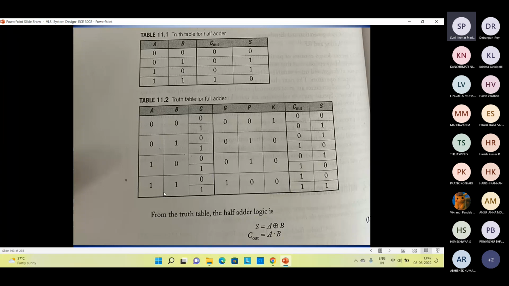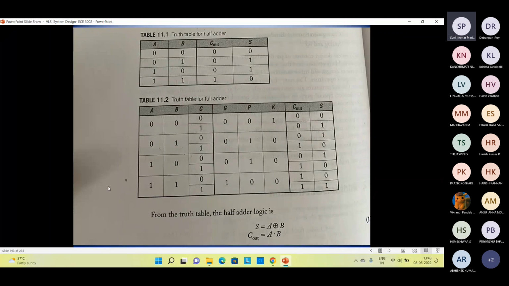And for the last combination, if A is equal to 1, B is equal to 1, and C is 1, then G is equal to 1, P is equal to 0, and K is equal to 0. In that case, the carry output will be 1 and sum will be 1.